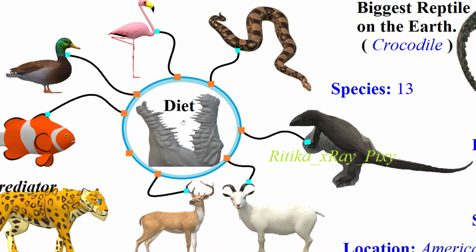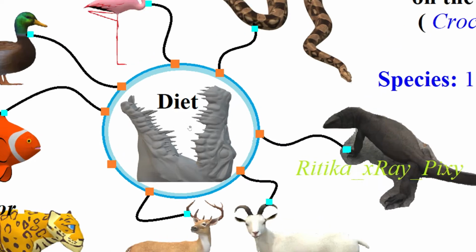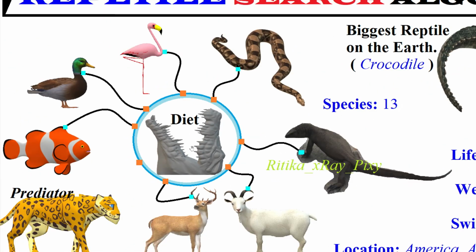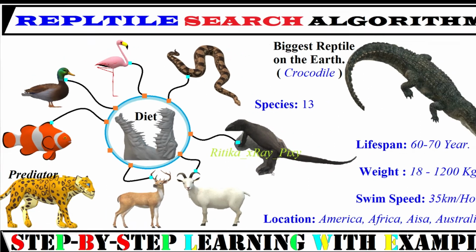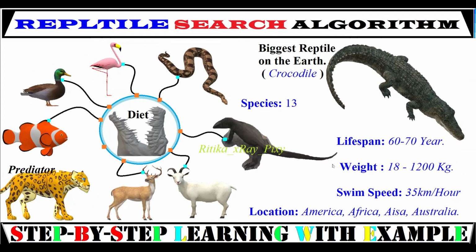And although they are extremely fast in the water, on land they can barely run up to 17 km per hour, and they can hold their breath underwater.